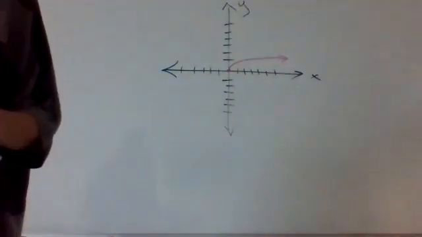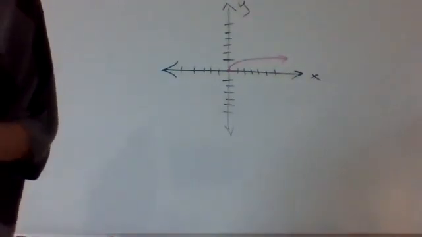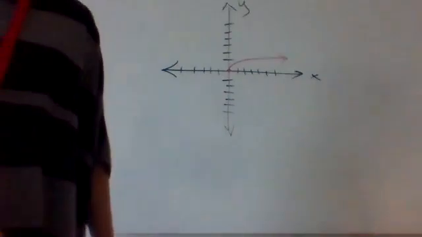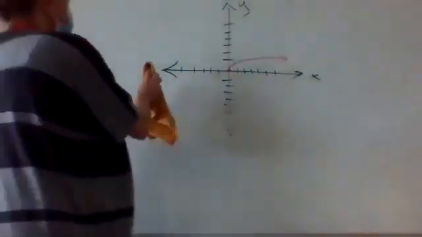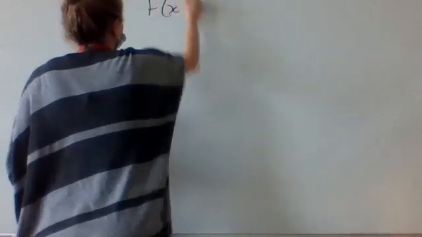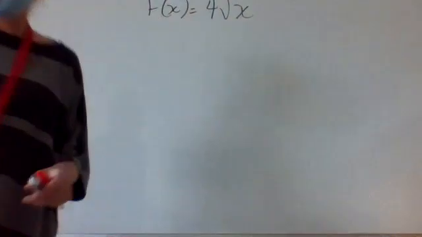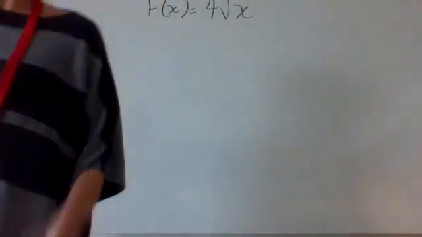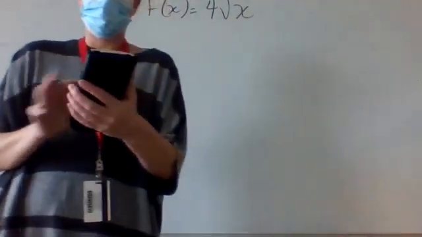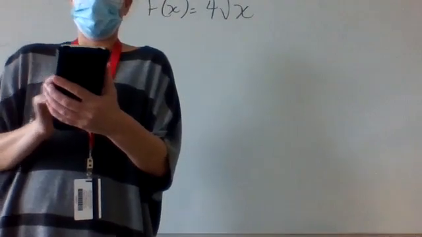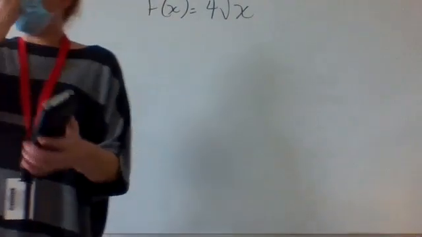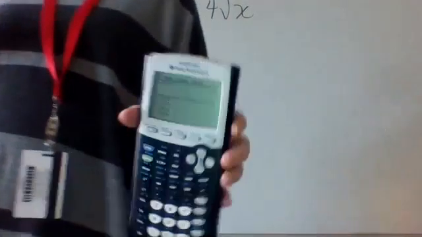So on number 2, you have f of x equals 4 times the square root of x. All right, so let's get out our calculators and put that in our y equals. So just go to your y equals and clear it.